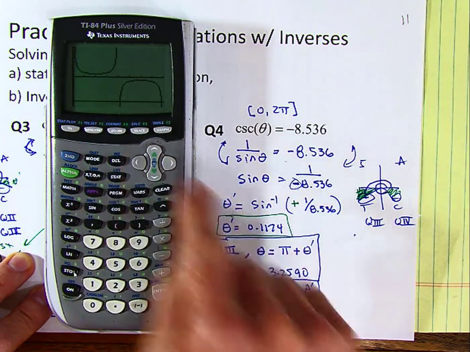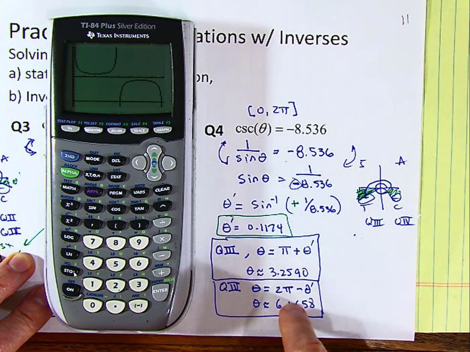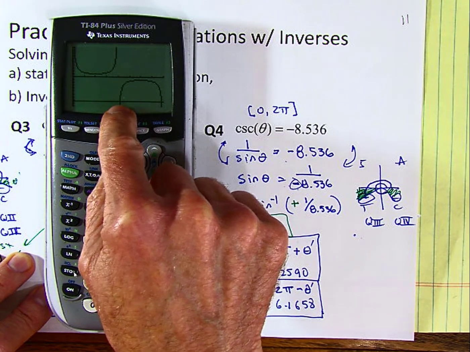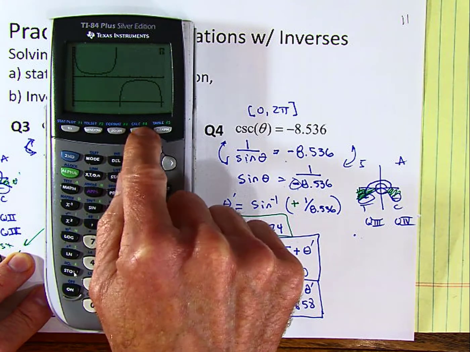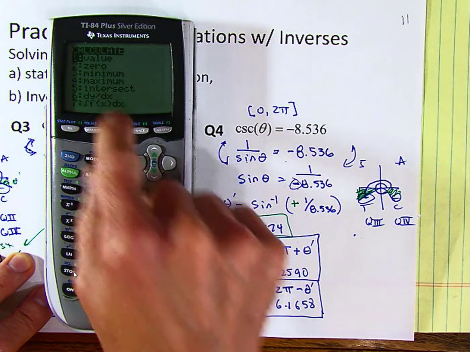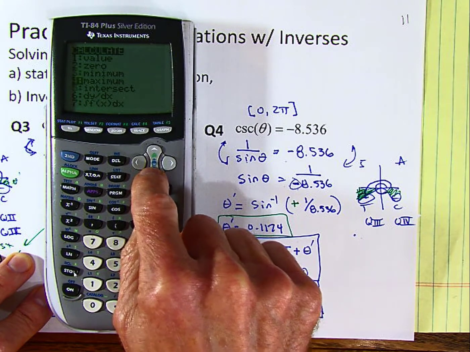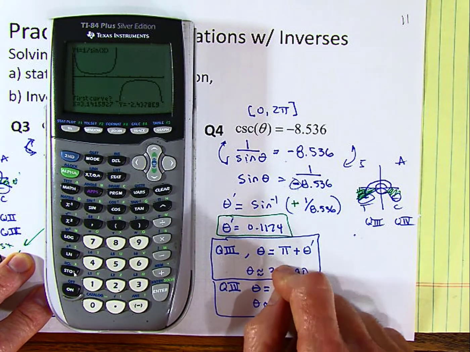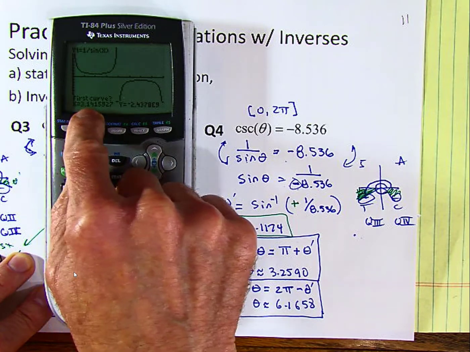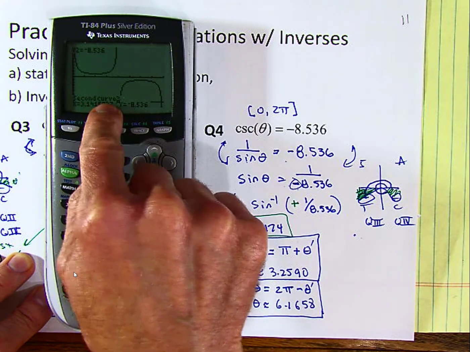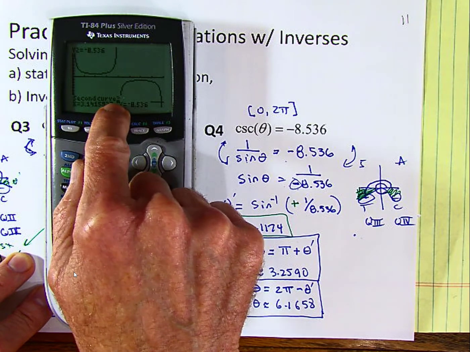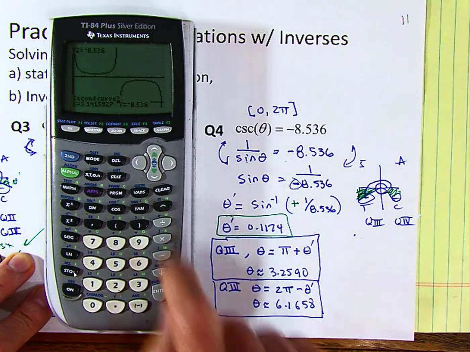But I want to be more specific and confirm exactly these values and make sure I got them right. And I can do that with the intersections. So I'm going to go to the calc command here, above trace, second trace. And I'm going to go to the intersect. And it's going to ask me a couple questions. Which one is the first curve? Is this one the first curve? I'm going to hit enter to say yes. Second question says, okay, which one's the second curve? Is it this one? I'm going to say yes.